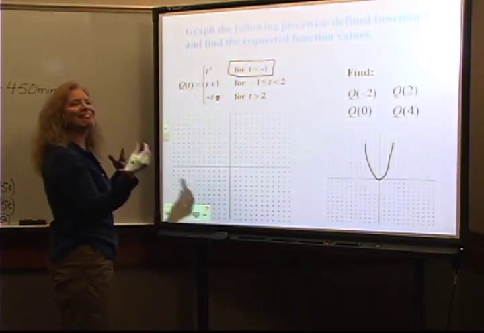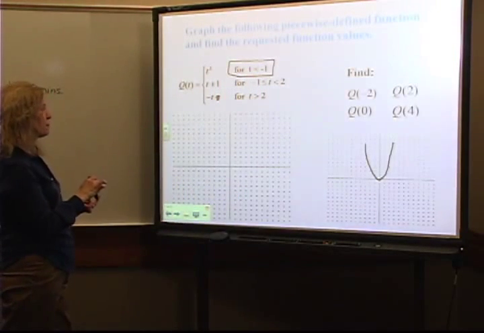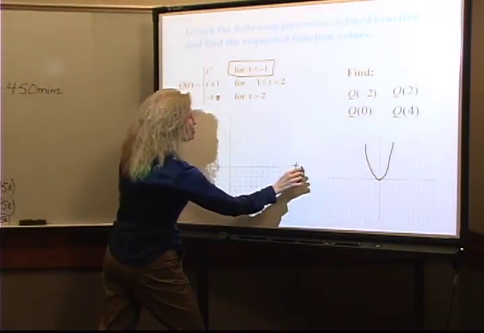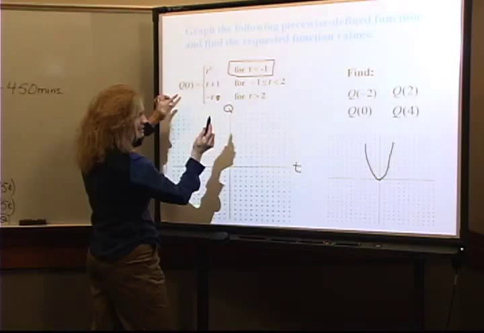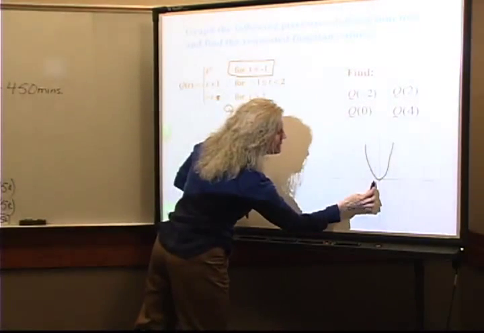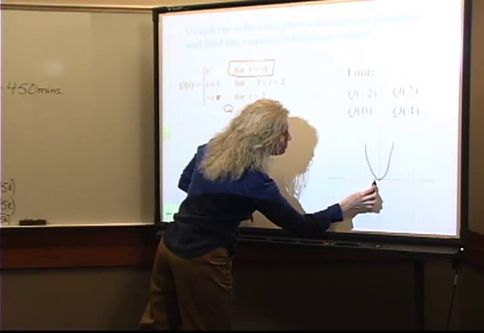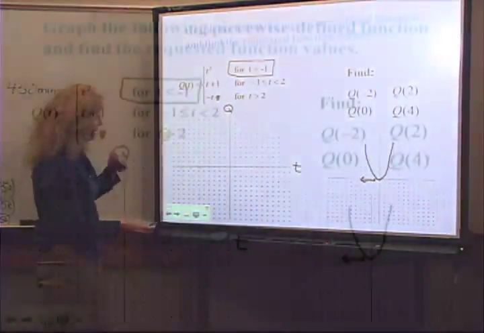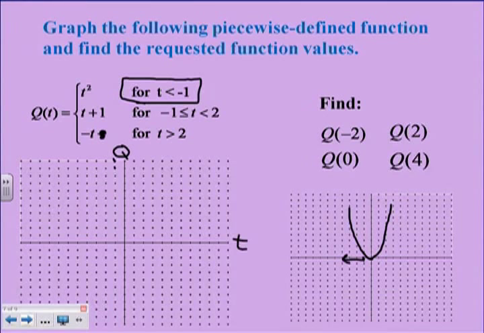For t less than negative 1. Okay? And apparently, we've got a t-axis and a q-axis. So t less than negative 1, that would be from here left. So I say, all right, apparently I'm going to cut it down here right along this negative 1.